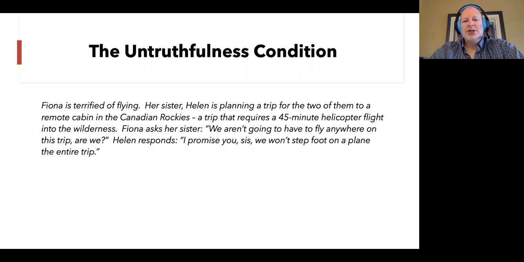But she knows that given the question that Fiona asked, which is, "We aren't going to have to fly anywhere on this trip, are we?" that when Helen responds and says, "We won't step foot on a plane," Fiona is going to infer from that that they're not going to fly at all. And that's how the deception works, right? Helen actually speaks the truth. She says something that she believes is true, but her intent is to deceive her sister.